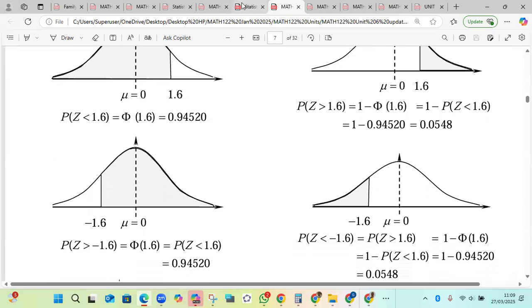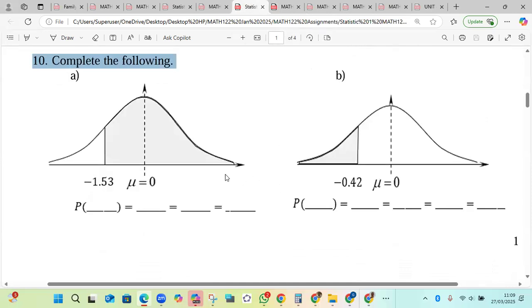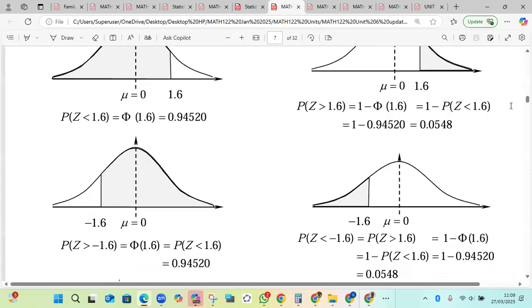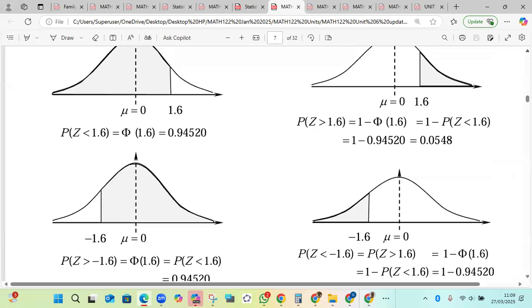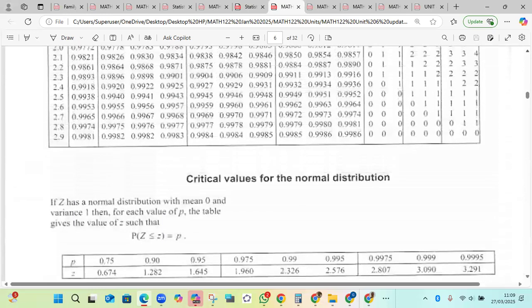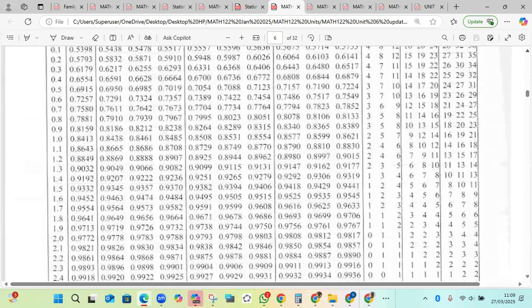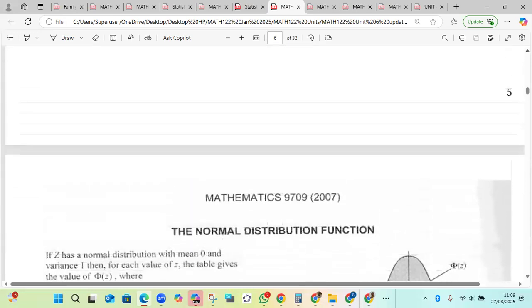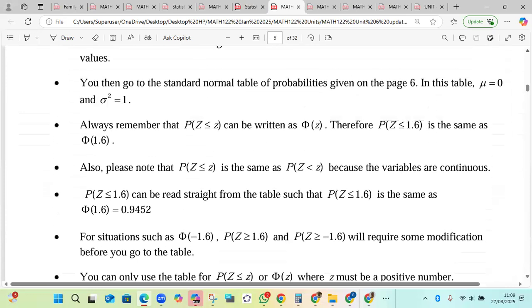So I hope this helps you to complete number 10 using page 5, page 6, and page 7. Page 5 has the 10 points.